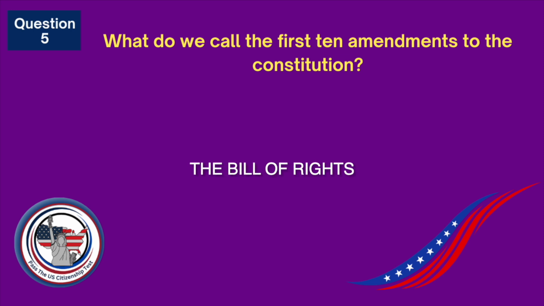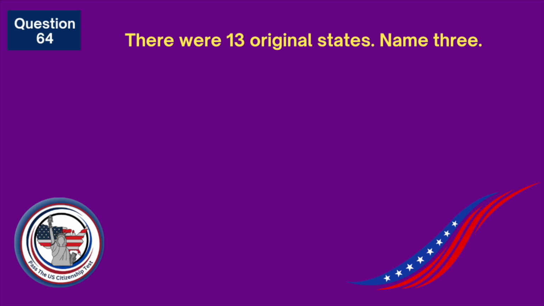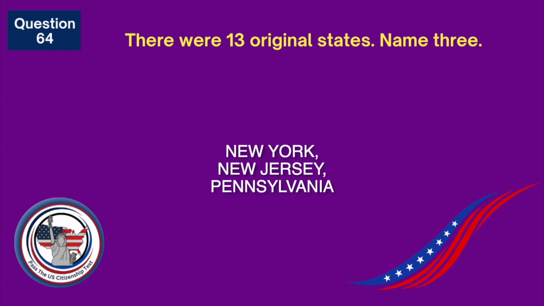The Bill of Rights. There were 13 original states. Name 3. New York, New Jersey, and Pennsylvania.